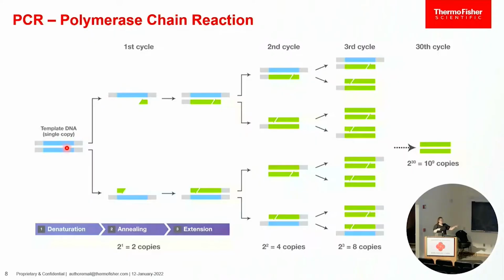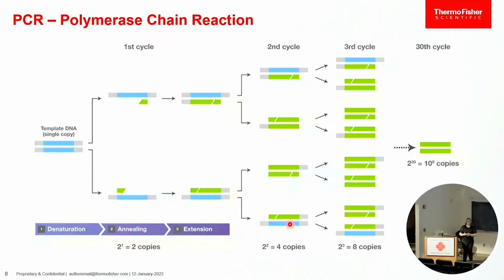We peel those apart just by increasing the temperature, and they melt apart. Then we lower the temperature, bind our primers, build, and then we can do that again. Raise the temperature from our now double-stranded after our first amplification. We raise the temperature, peel them apart, and copy again. So we're going to build on that twofold every time.